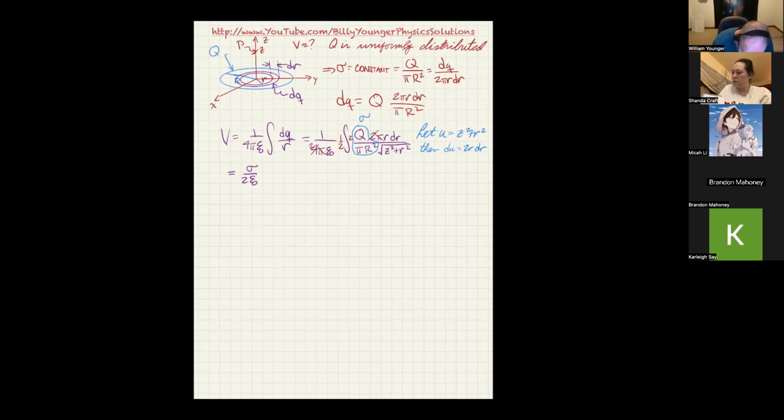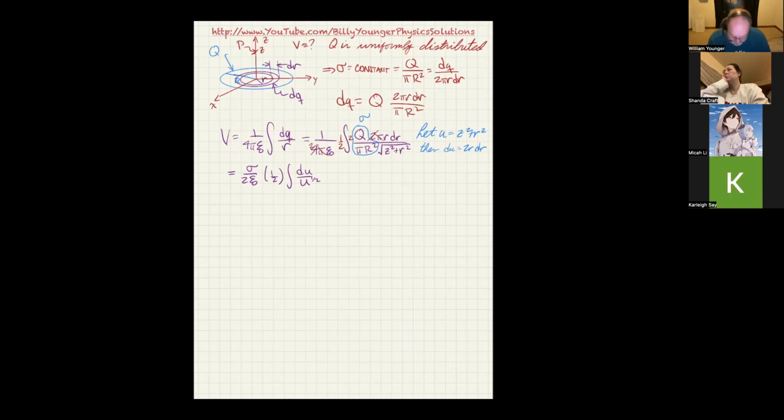So I'm going to put this little 1/2 out in front. We'll see that it'll disappear later, so it's not that big a deal. And now I have the integral of du over u to the 1/2 power. That's u to the negative 1/2, and of course the integral of u to the negative 1/2 is u to the positive 1/2 divided by 1/2. So that's going to cancel out the 1/2 that I have in front.